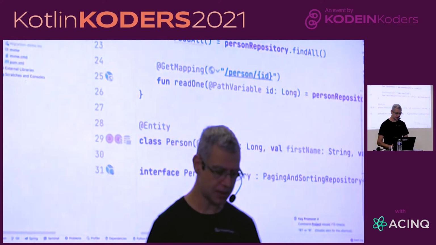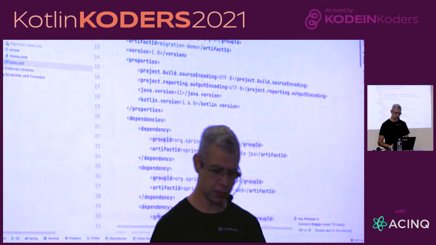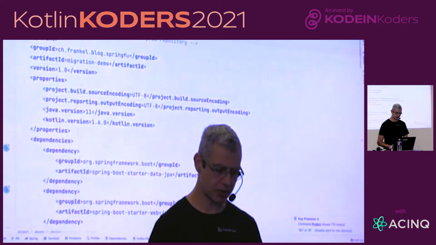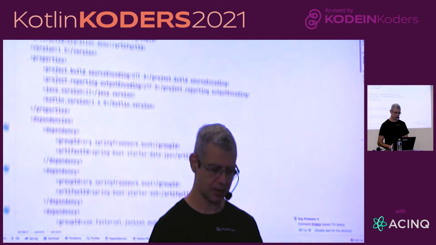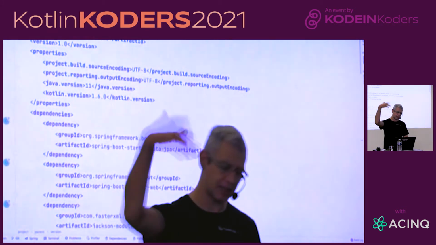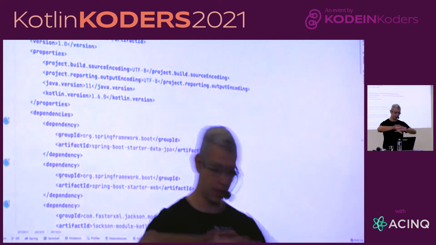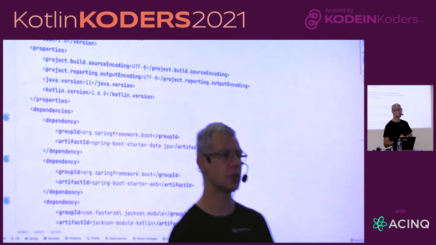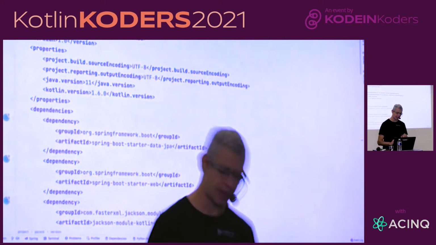So here I've created a Spring Boot project. I was trying to use the latest starter, but actually I couldn't, because in the end I will do even more magic, so I need to be compatible. The latest one is 2.6. Here I'm on 2.4, which is not that bad.